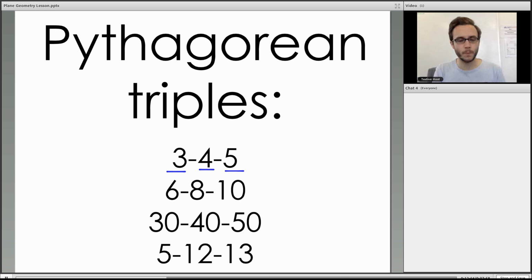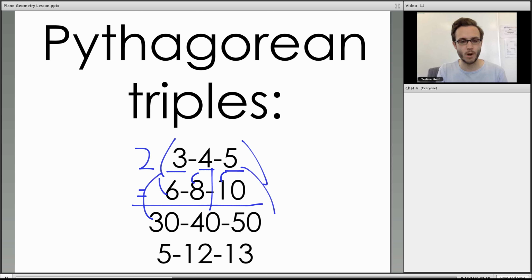So 3, 4, 5, if we just multiply that by 2, we get 6, 8, 10. 2 times 3 is 6, 2 times 4 is 8, 2 times 5 is 10. Similarly, 3, 4, 5 times 10, we get 30, 40, 50. So they're all proportional.